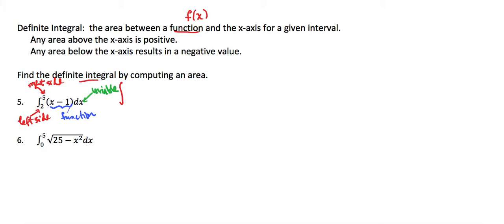Okay, so what this is saying is I'm looking at number 5 here. This is saying take the graph of x minus 1. Okay, so x minus 1 looks something like this. Now it goes through 0, -1, and 1, 0.